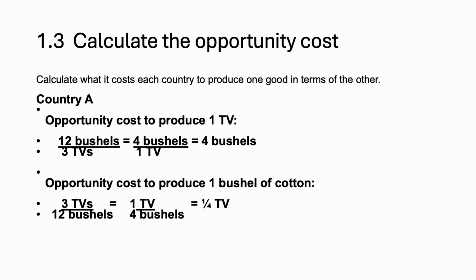So you're going to divide 12 by 3, and the opportunity cost to produce one TV is 4 bushels. Now the opportunity cost to produce 1 bushel of cotton is 3 TVs divided by 12 bushels. Therefore, 1 bushel of cotton has an opportunity cost of 1/4 of a TV.